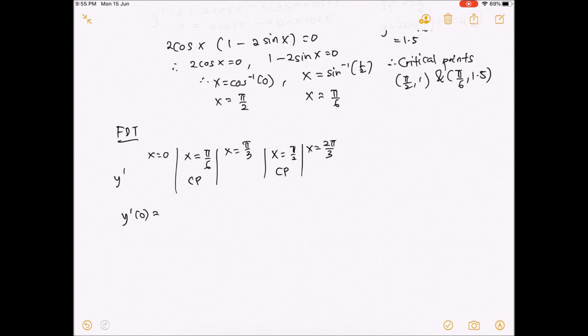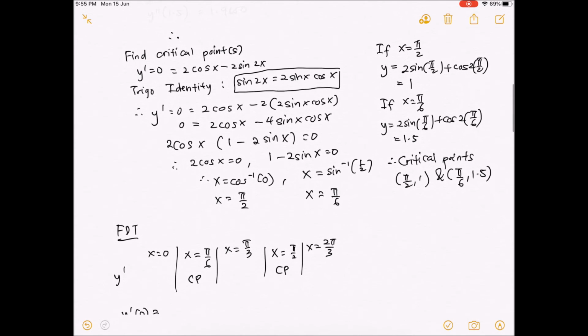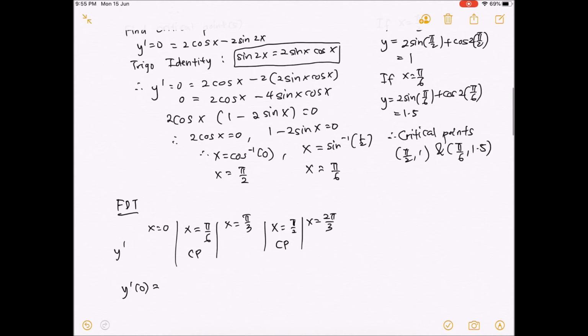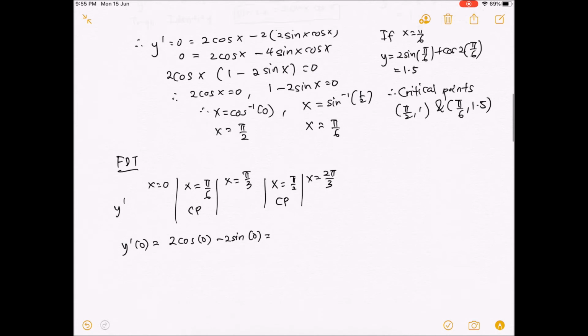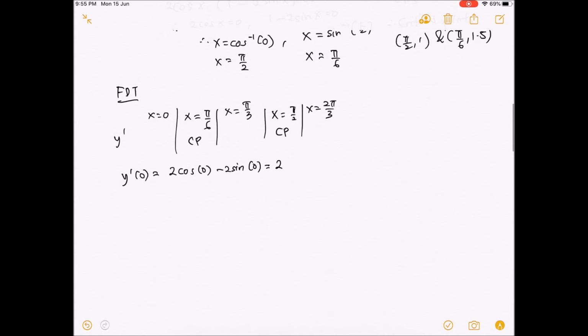So y prime at 0 will be 2 cos 0 minus 2 sine 0, which is 2. So this is positive, so the slope is increasing. Y prime at pi over 3 will be negative 0.7321.